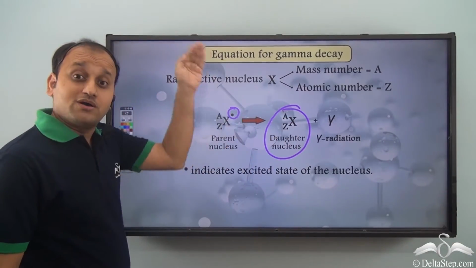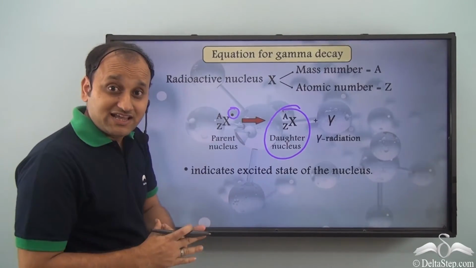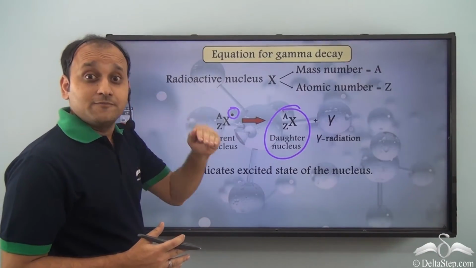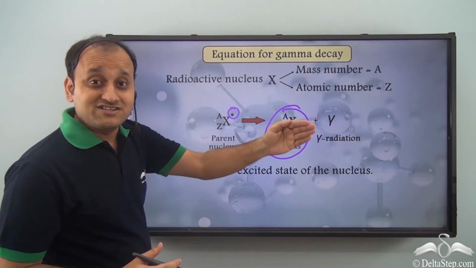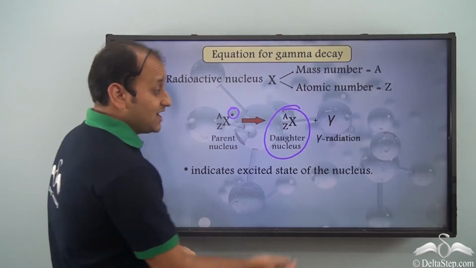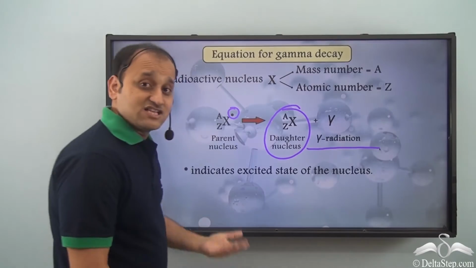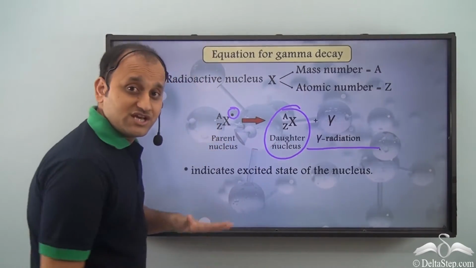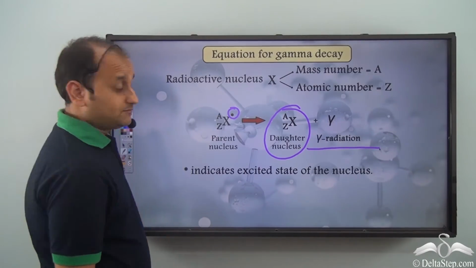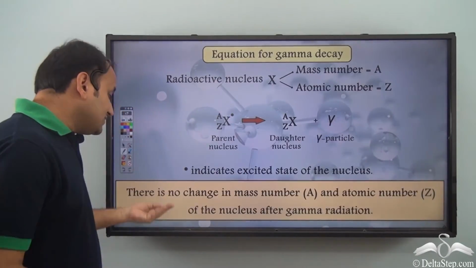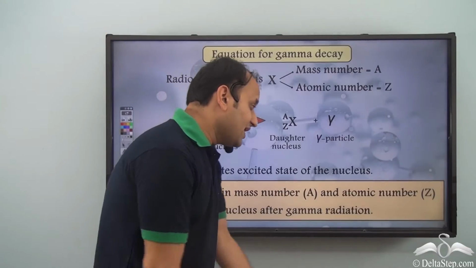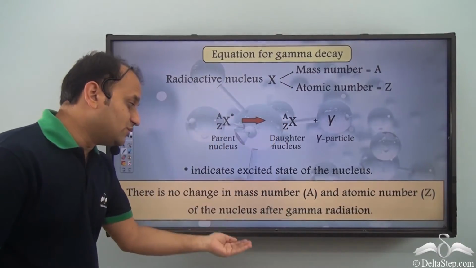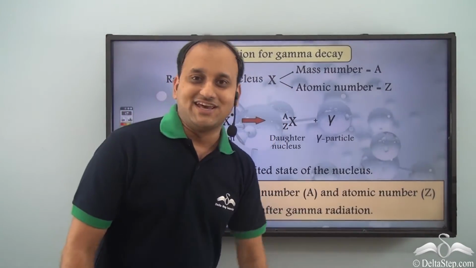Particle emission has already occurred, and after that, just to bring the nucleus from a high energy state to a low energy state, gamma radiation has been emitted by the nucleus. So there is no change in mass number and atomic number of the nucleus after gamma radiation.